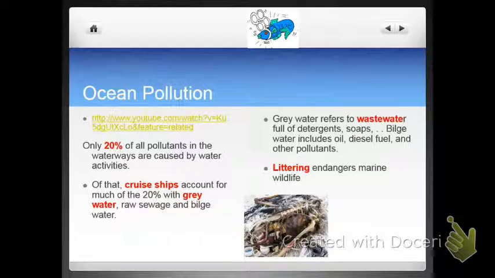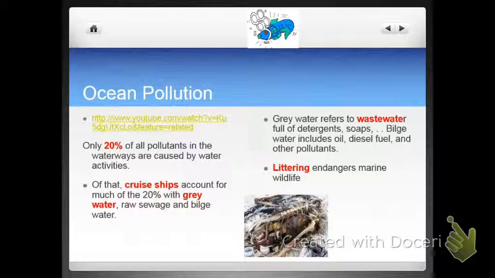Cruise ships account for a lot of that, and they account primarily for the gray water. They're out at sea for a while. They've got a lot of people on there taking showers, using the bathroom, and there's a lot of cooking going on. All of those create wastewater, known as gray water.